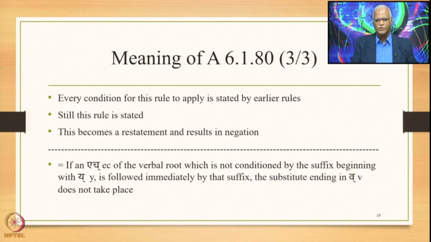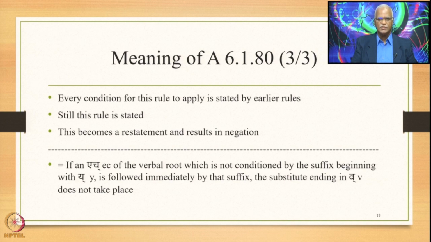So every condition for this rule to apply is stated by earlier rules, and still this rule is stated. So this becomes a restatement and results in a negation. The meaning of this sutra once again is, if an h of the verbal root which is not conditioned by the suffix beginning with ya is followed immediately by that suffix, the substitute ending in va does not take place. This is the negation.